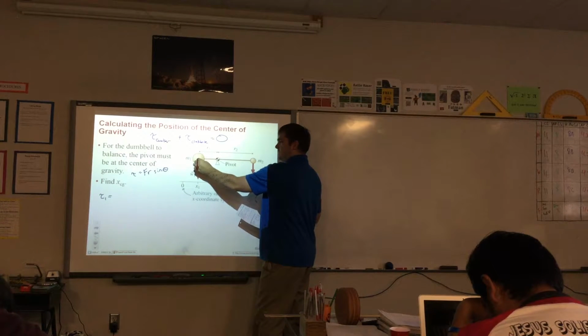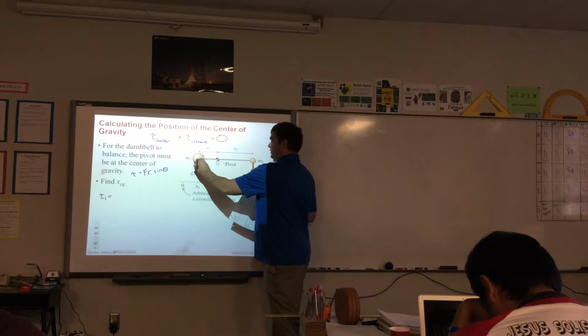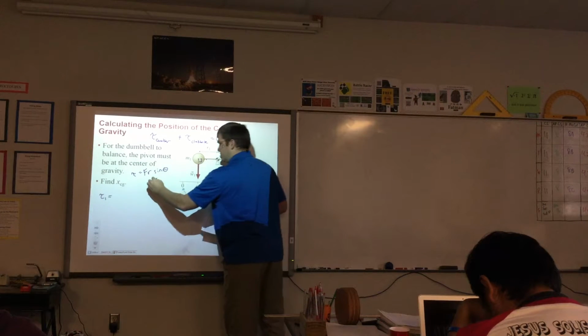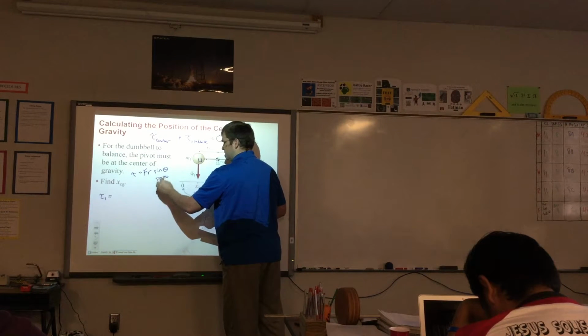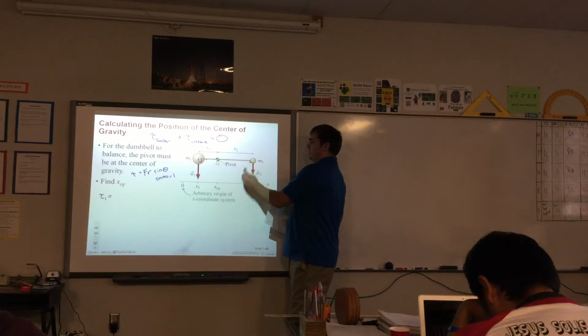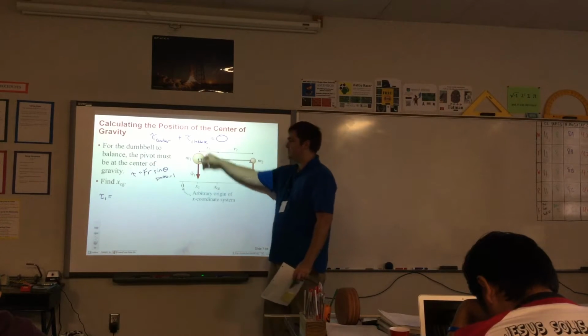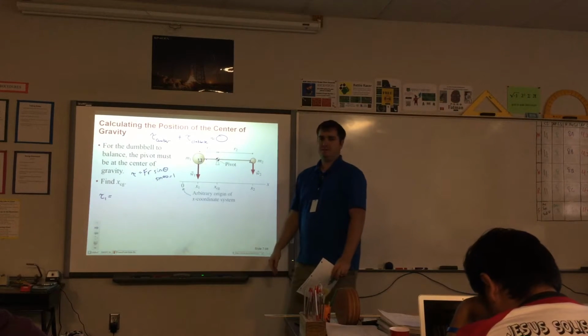Since this is weight and it's being pulled straight down, what is the angle between the weight and the arm? 90 degrees. Does anybody know what the sine of 90 degrees is? 1. And we get the same thing over here. So if you've got something pulling at 90-degree angles, it's awesome. It's just the force times the distance.